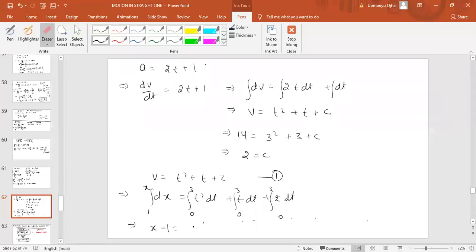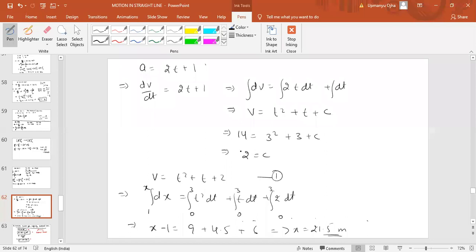Then t square by 2 gives 4.5, and 2t gives 6. So the total is 19.5, so x would be equal to 20.5 meters. That is the answer.